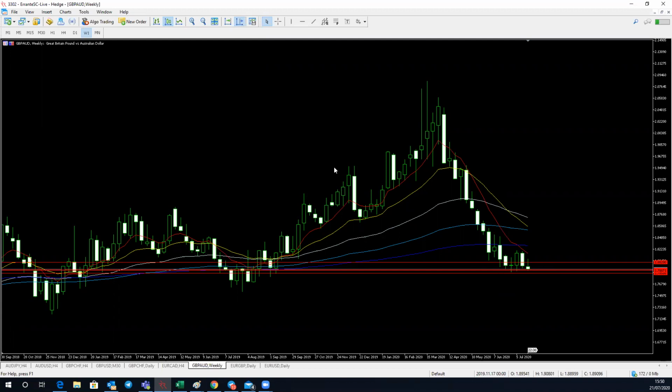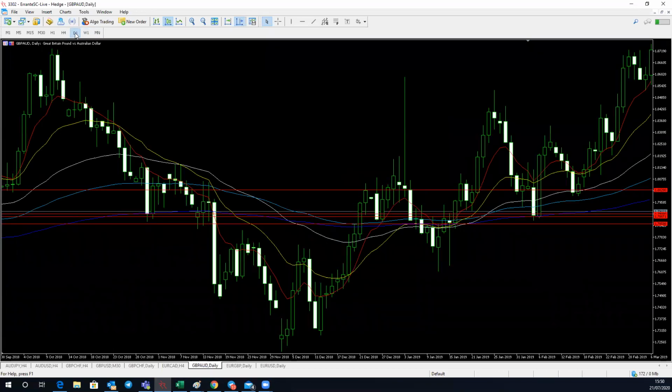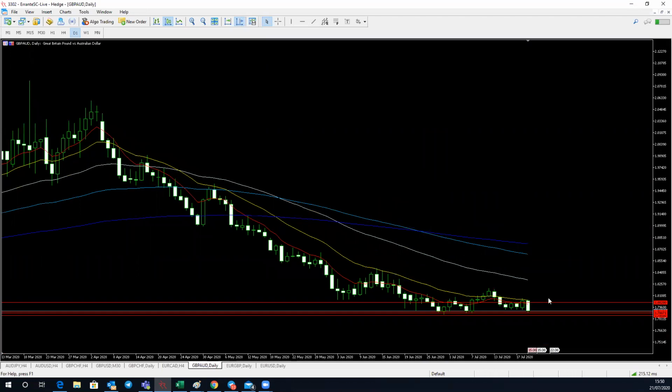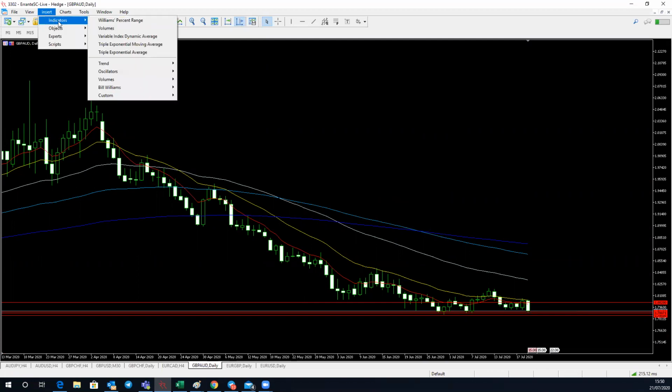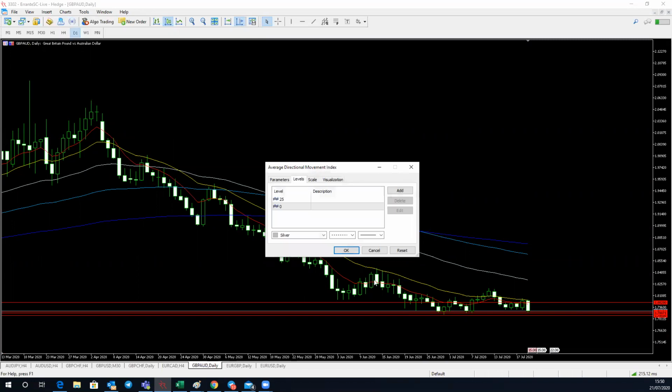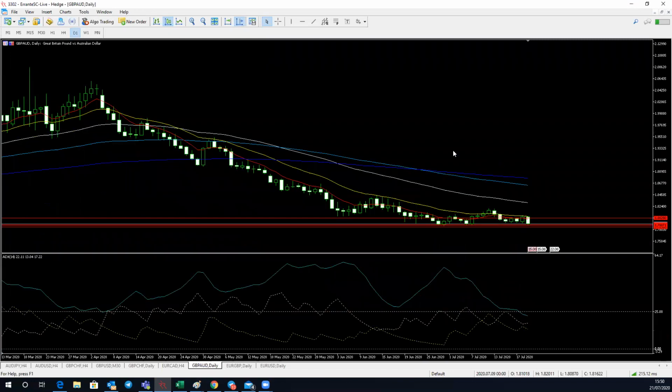Because the other thing as well is that if you look into the daily chart for GBP AUD itself, it's just very much to the downside. And if it's really to the downside and you put in your indicator, you go to trend and you click on average directional movement index, you set the 25 level and you want to measure whether or not this is a strong downtrend.